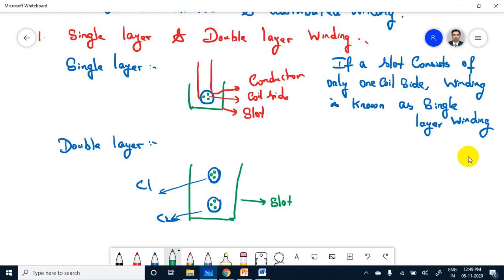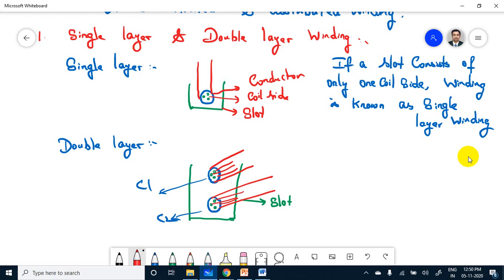In our TVs there are wires, right? Coaxial cables you can take. Understood or not?